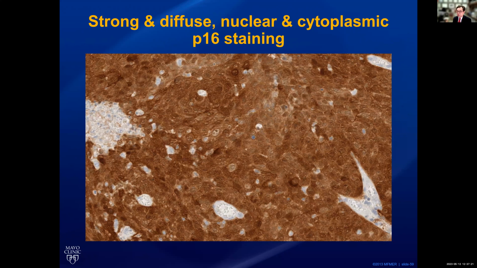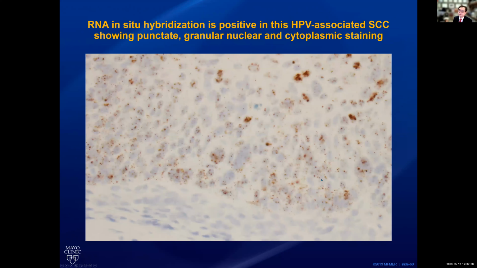So very often we receive a request to do P16, HPV virus DNA or RNA in situ hybridization, but it's not oropharyngeal carcinoma. And we will explain to oncologists that even if you do it, it does not offer any additional information. So RNA in situ hybridization, this is a very successful company. They introduced this idea probably about 10 years ago. Very smart scientists.